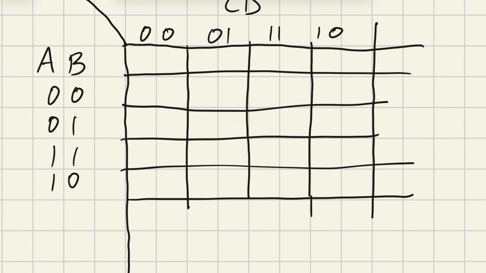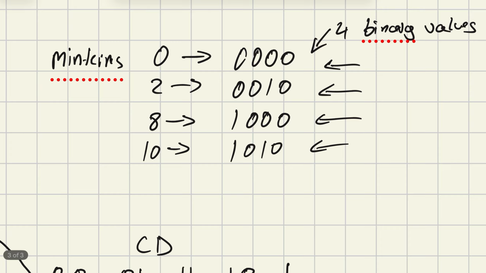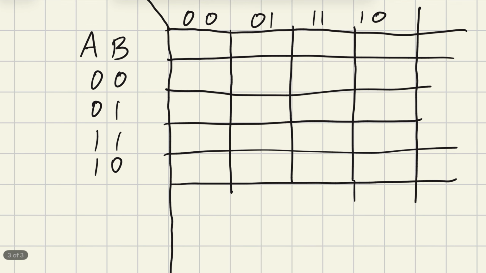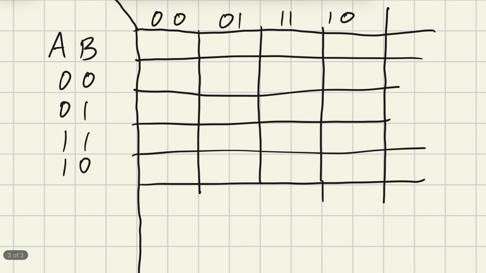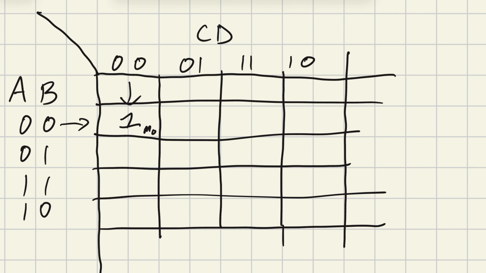And then we know that we want to put logic 1s in each of these areas. The first step we can do is by putting a logic 1 in minterm 0. So that's 0, 0, 0, 0. Where do you see 0, 0, 0, 0 in this K-map? Well, it would be right here. So you're going to put a logic 1 there. That's minterm 0.